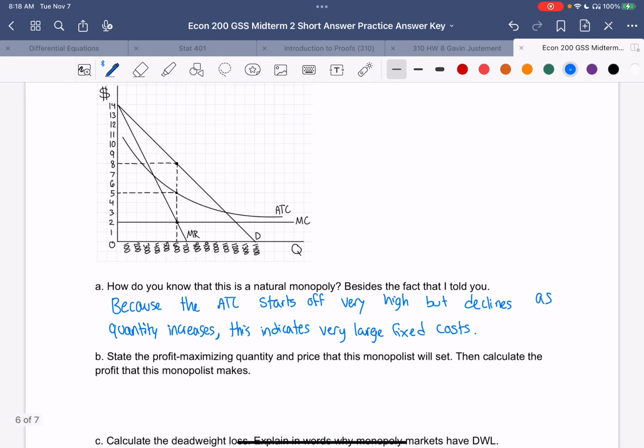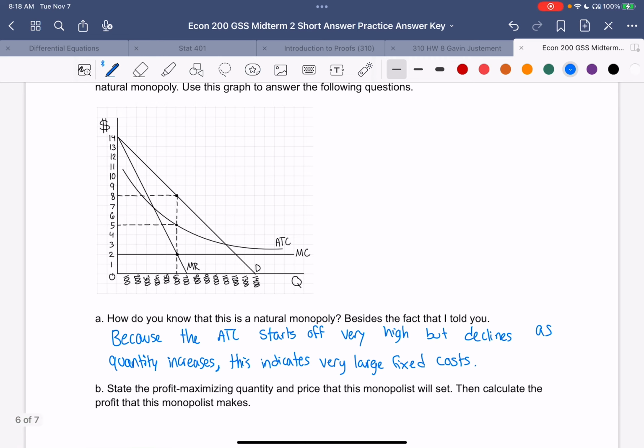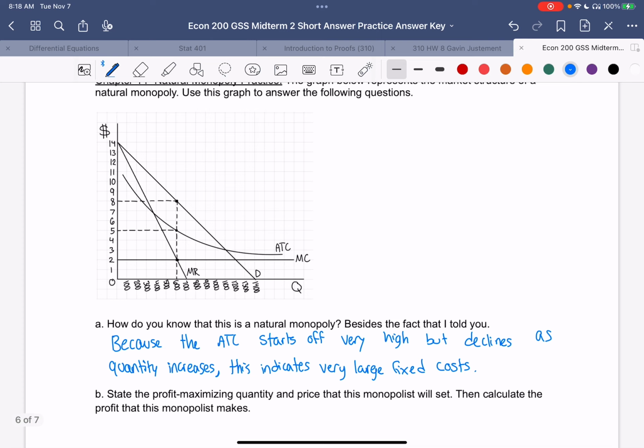And one of the indicators for a natural monopoly, remember, is the very large fixed costs and barriers to entry. That's a leading principle of natural monopolies. It's so expensive to enter this market that nobody else can do it.